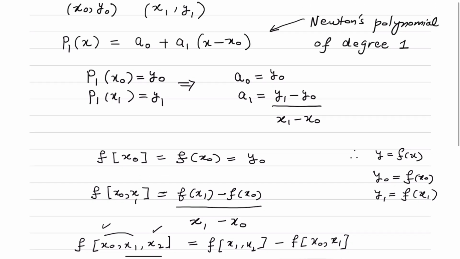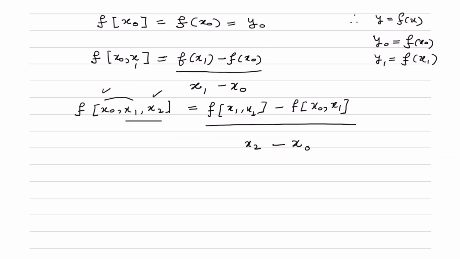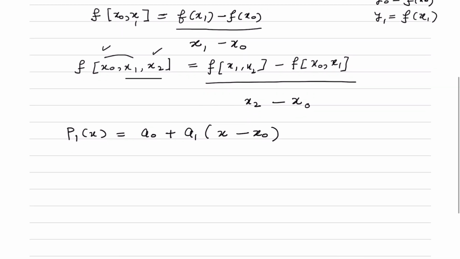Our job here is to write this p1 of x equal to a0 plus a1 into (x - x0) in divided difference operator form. So let's do that. We have p1 of x equal to a0 plus a1 times (x - x0). a0 was y0.